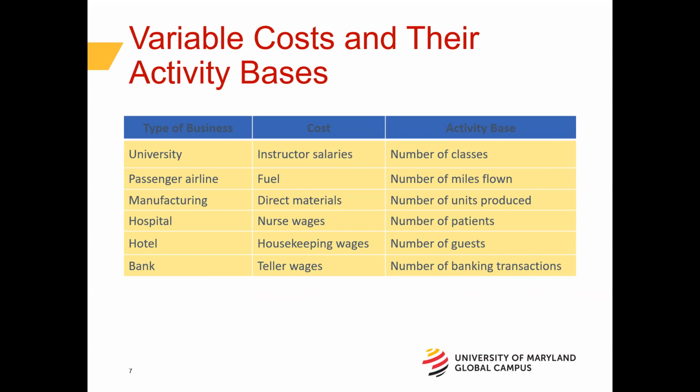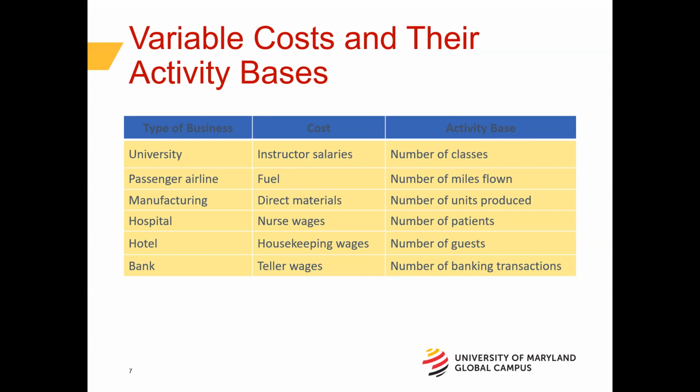A university as a business, one of the cost drivers for a university are professor salaries. And the activity base for the professor's salary is the number of classes that they teach. Another example is an airline company.